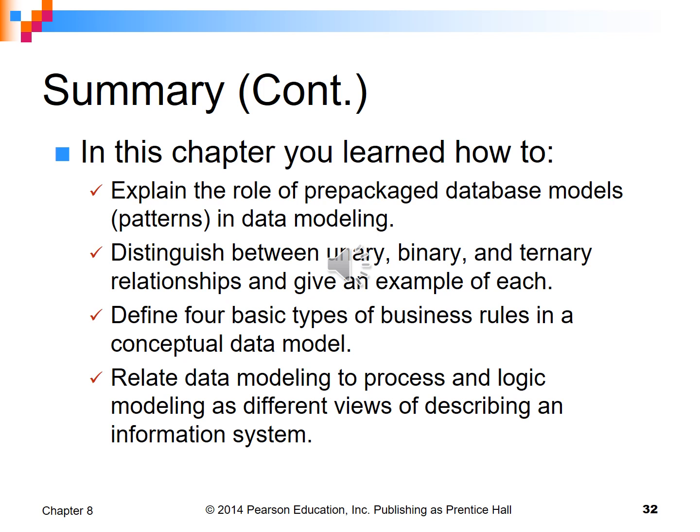Also, we learned to explain the role of prepackaged database models and patterns in data modeling, the one we just talked about in the last few slides. Distinguish between unary, binary, and ternary relationships, define four basic types of business rules in a conceptual data model, and relate data modeling to process and logic modeling, different views in describing an information system.